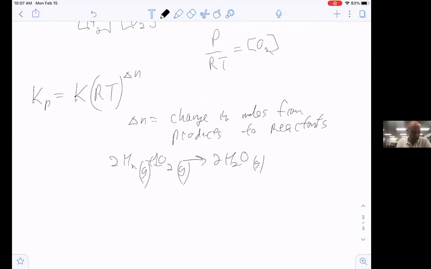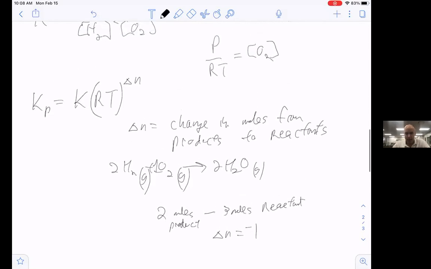So in this case, I would have 2 moles of product minus 3 moles of reactant. So my delta n would be -1, okay? So because all of my compounds in this reaction are gases, I would be more likely to be using Kp instead of K, okay?